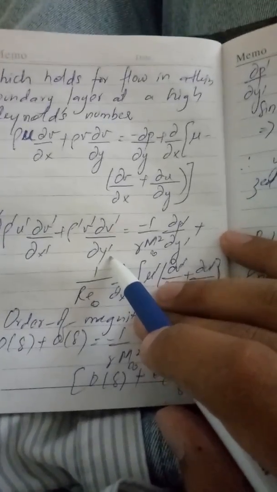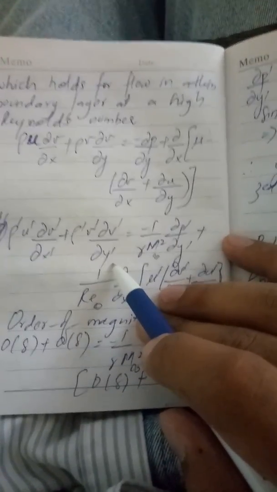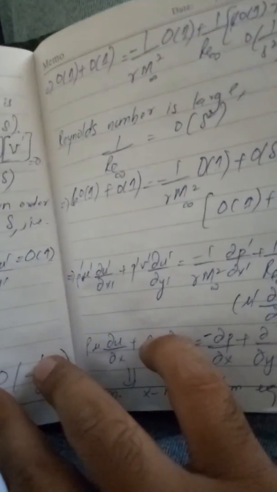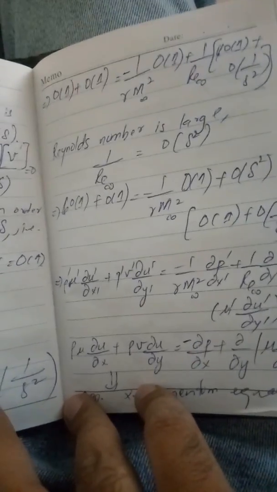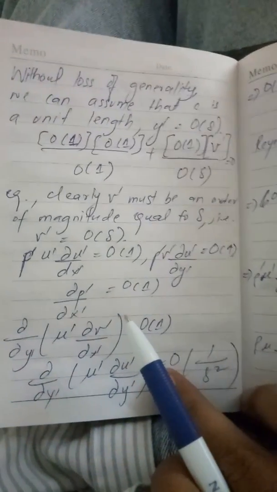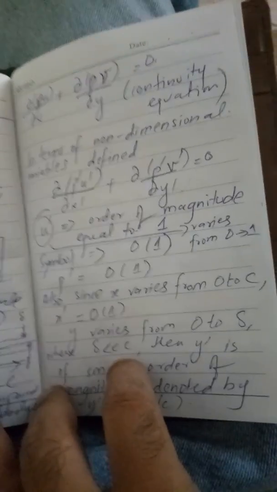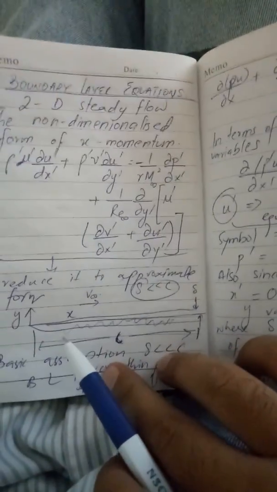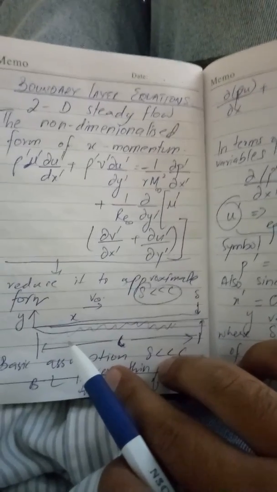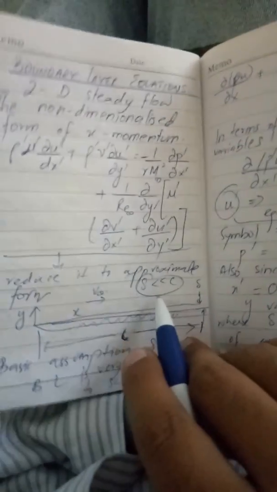When we talk about v, we discuss lambda, and when we talk about u, it was in terms of this assumption.